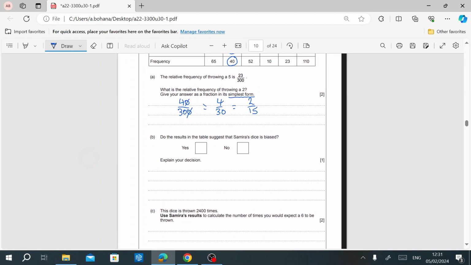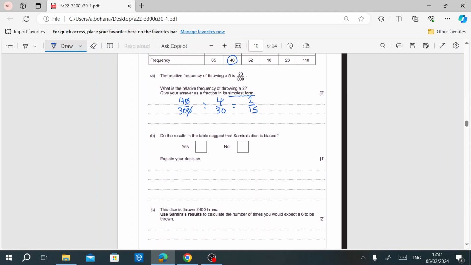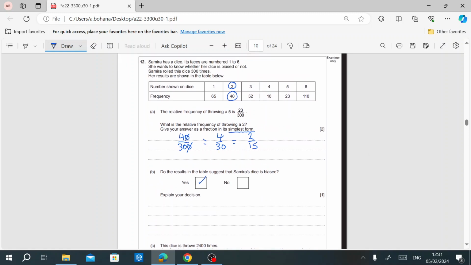Do the results in the table suggest that Samira's dice is biased? Well, for this question, I would say yes, and I'll tell you why. Look at this. 1 appears 65 times. 6 appears 110 times. 4 only appeared 10 times. 5 only 23 times.